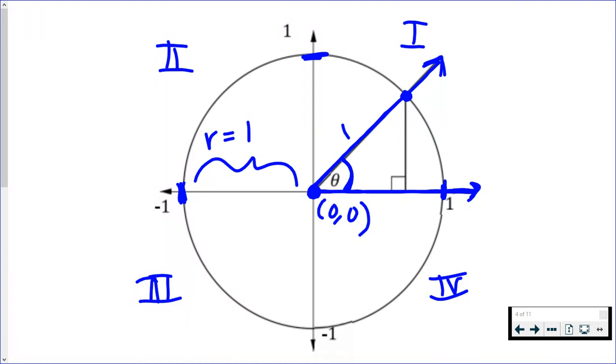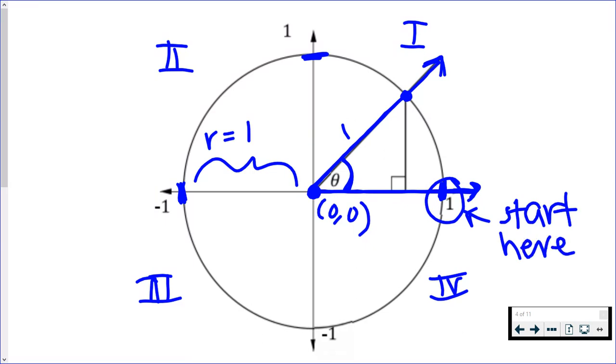Now, in the unit circle, if I start here, which you should always start here, this is your starting point. I'll even label it. Start here. You start at your starting point. If you were to go counterclockwise from that starting point, like I did here, we're going to have a positive angle in that triangle.